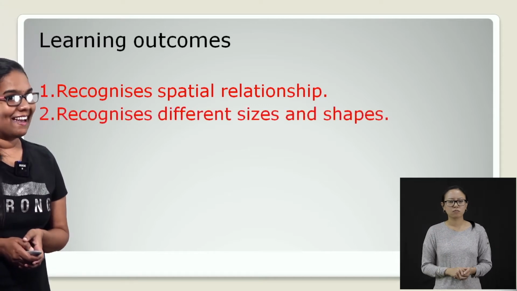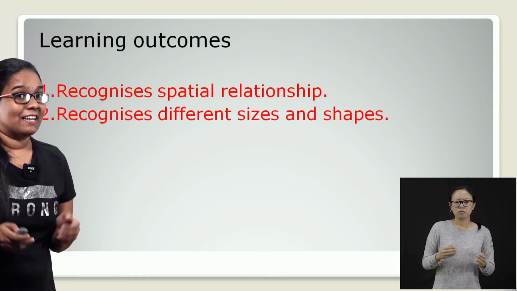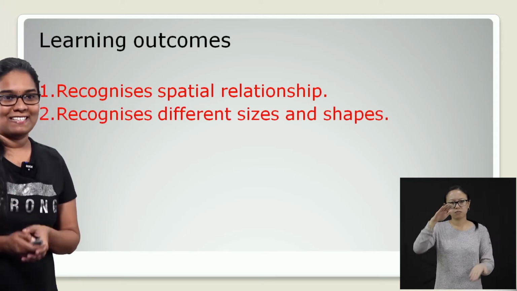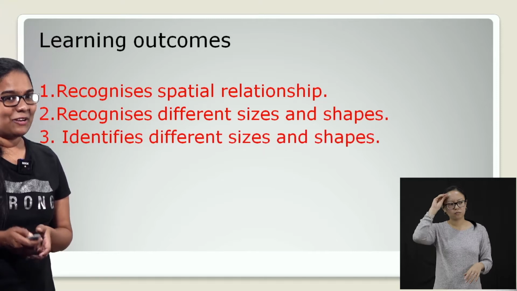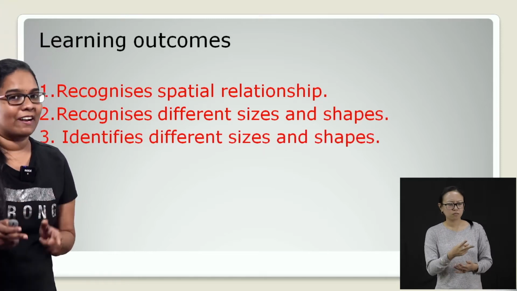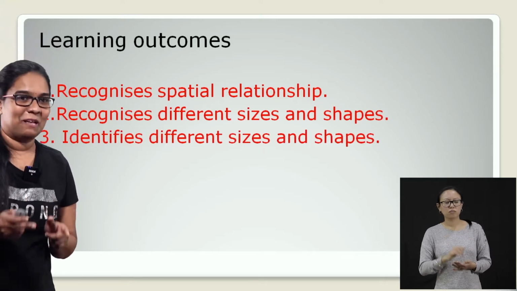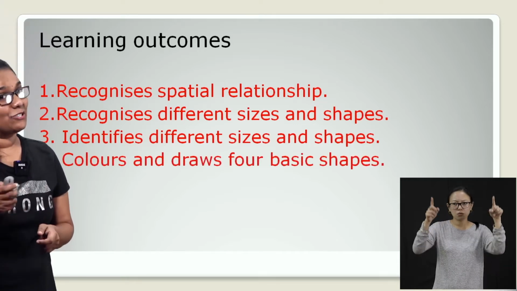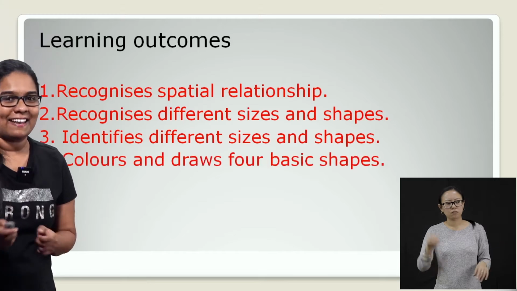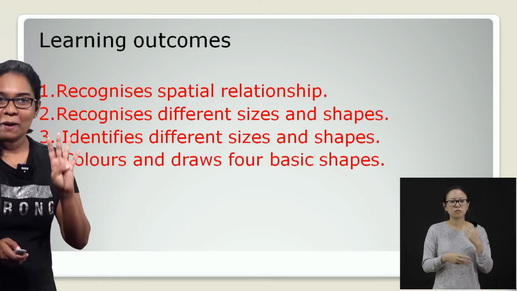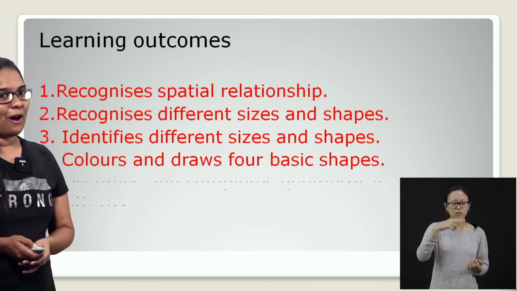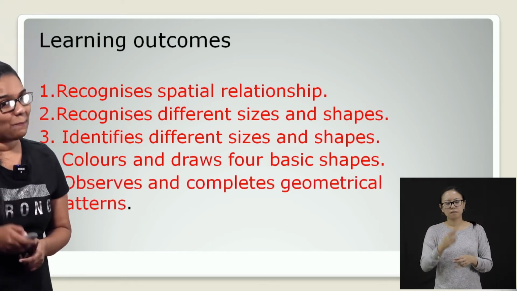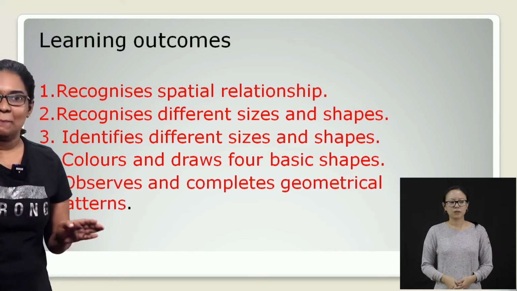Then you have to learn how to recognize and identify different sizes and shapes. Then you have to color and draw 4 basic shapes. Then you have to observe and complete geometrical patterns.